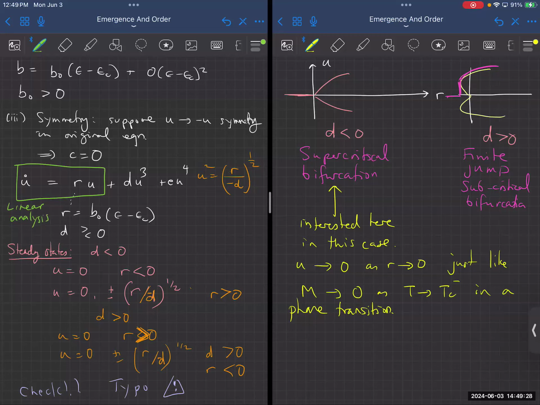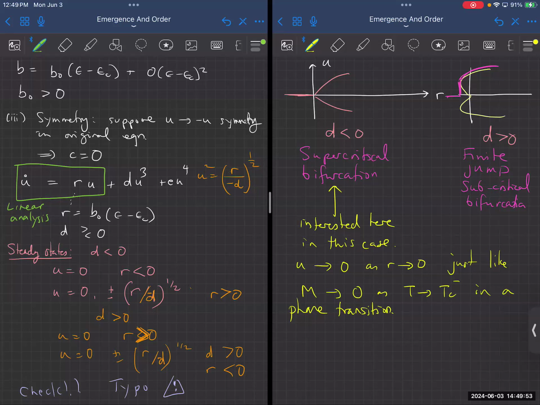And then we talked last time about how, if r is positive, then u is going to grow exponentially. And then if d is negative here, it will cut off this exponential growth at some finite value. And that's what we calculated over here on the left. So d is less than 0, and this will asymptote out to this value here.